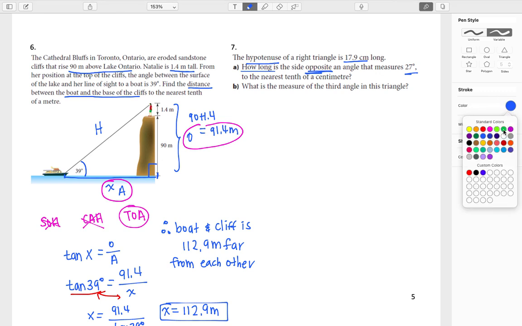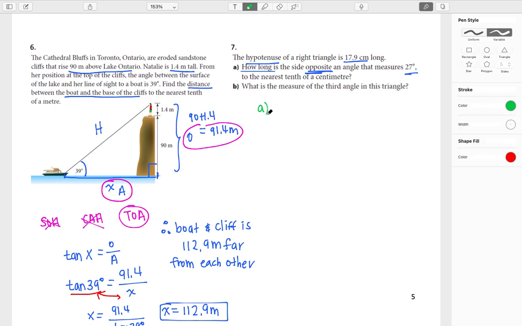Okay, so it looks like because we're working with a right angle triangle, I'm going to draw a right angle triangle. And the hypotenuse, which is opposite from 90 degrees, is 17.9 centimeter. And let's say, doesn't matter, that 27 could be here or here.